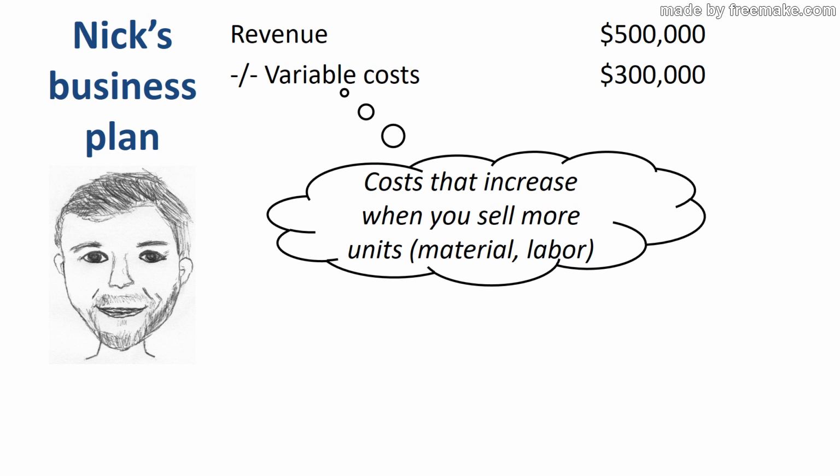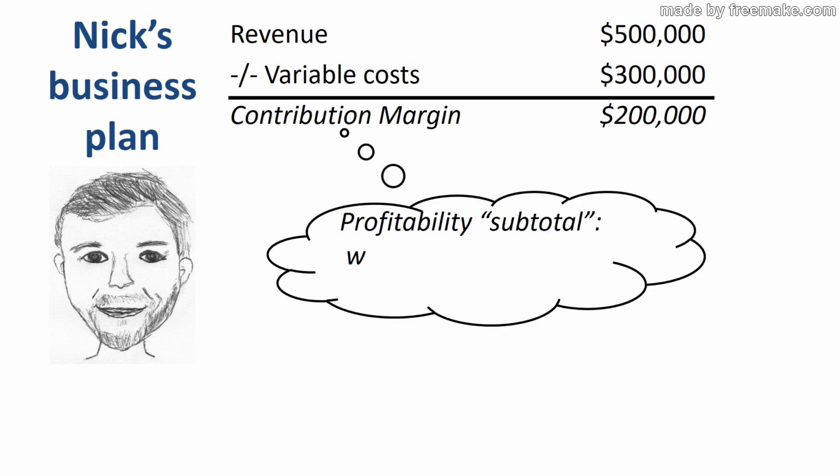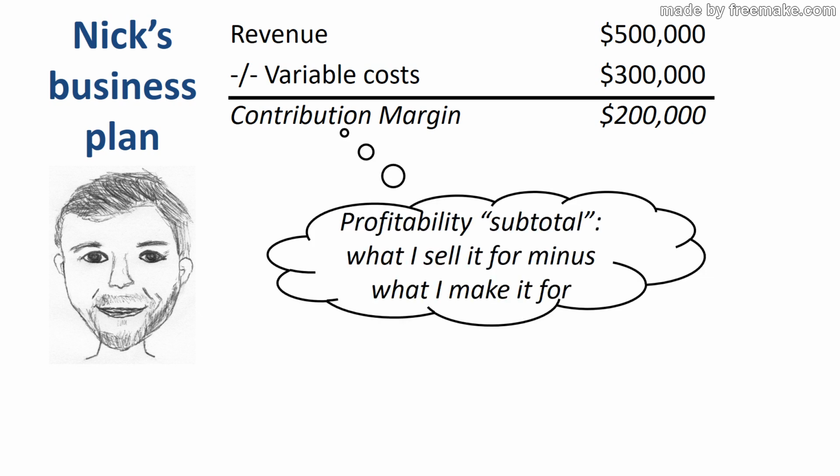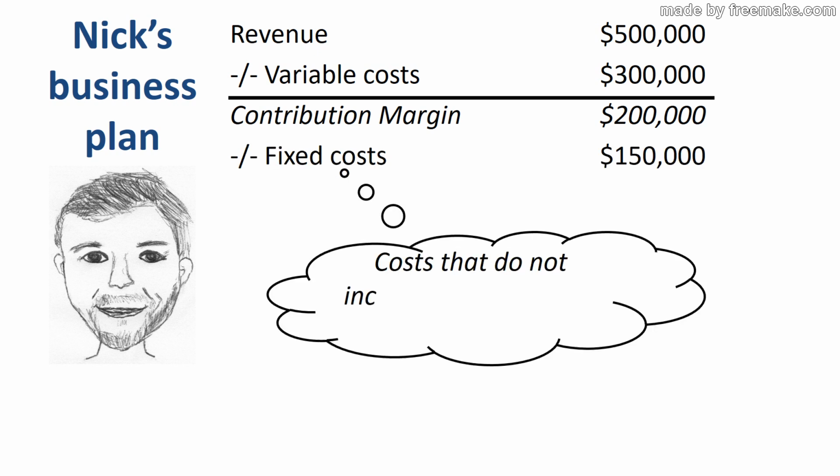If Nick takes revenue and deducts variable costs, he gets the contribution margin of $200,000. This is a profitability subtotal. What he sells his products and services for minus the amount he makes them for. Next, he deducts fixed costs of $150,000. Fixed costs are the costs that do not increase when you sell more units.